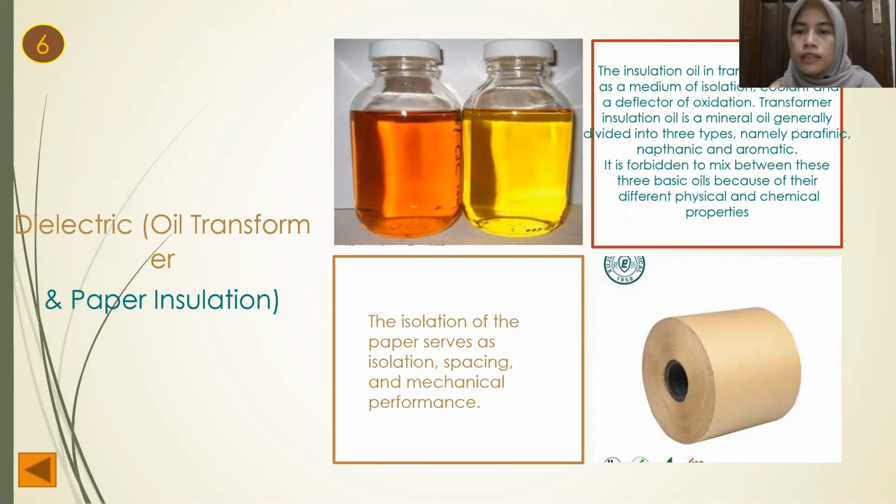It is forbidden to mix between these three basic oils because of their different physical and chemical properties. The insulation of the paper serves as insulation spacing and mechanical performance.